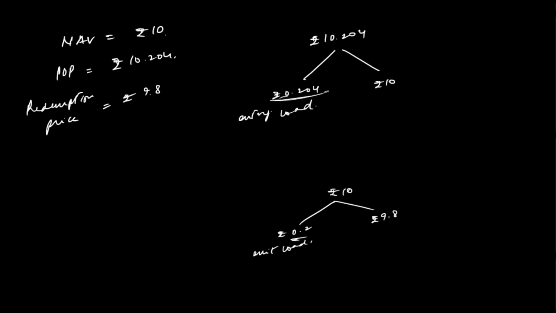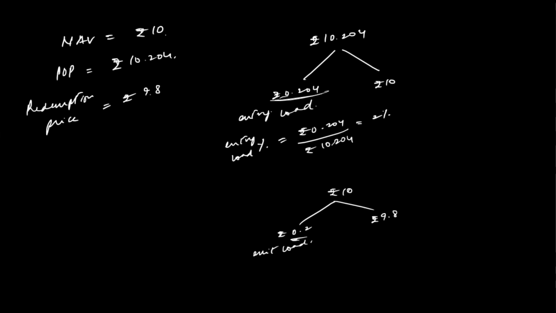Now we want to find out the exit load and entry load in percentage terms. Entry load percent is entry load by POP. So it is 0.204, which is charged out of the purchase offer price, so you take rupees 10.204. That is 0.204 by 10.204, which is 1.999, approximately 2%.